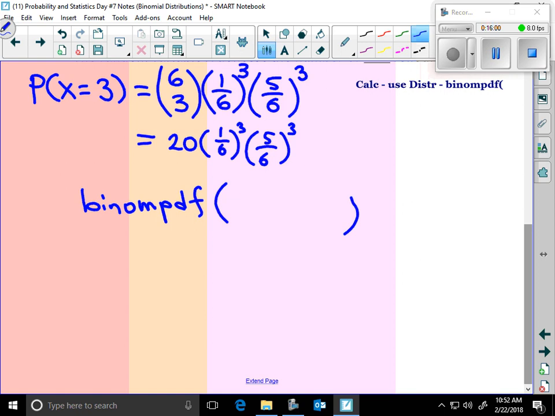The PDF is going to find the probability of one possible value, x equal to 3 in this case. So the first thing I want to do is put in the number of trials. So this should be n. Then I want p, the probability of success, and then I want x, the number of successes. So you should have 1/6, and then you should have, what is x? 3.